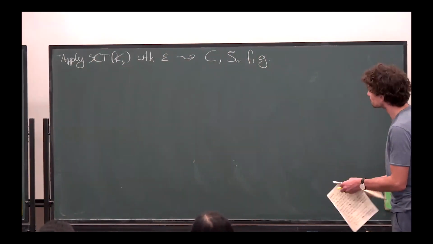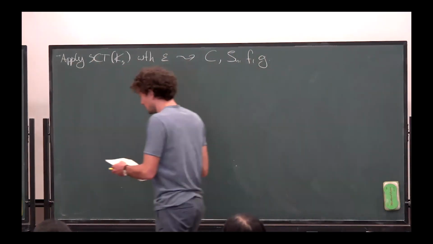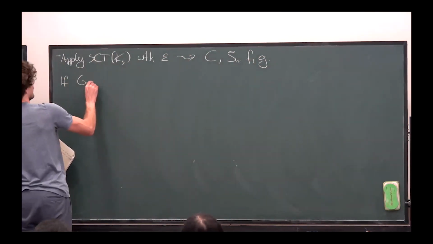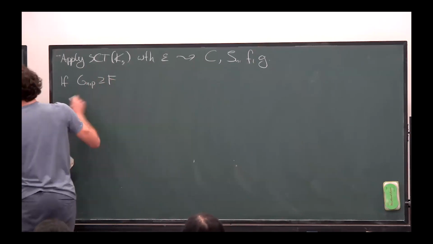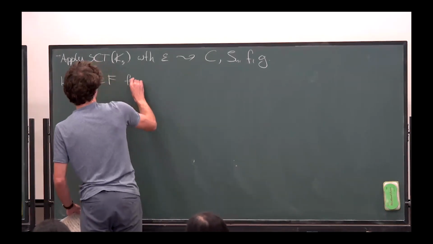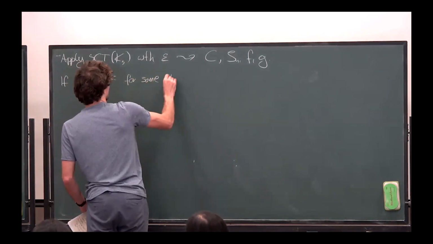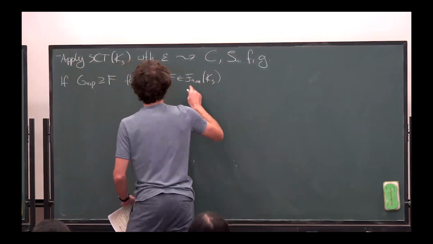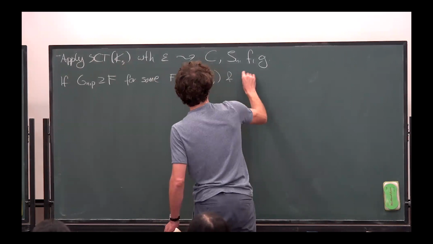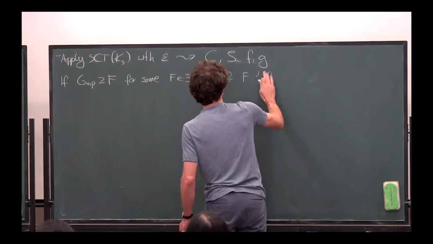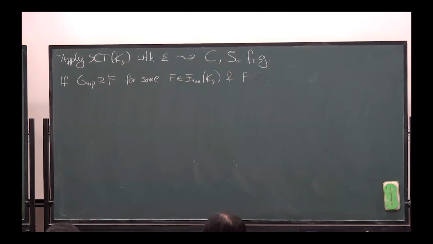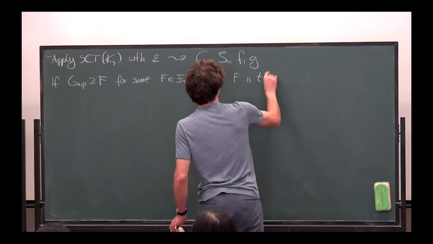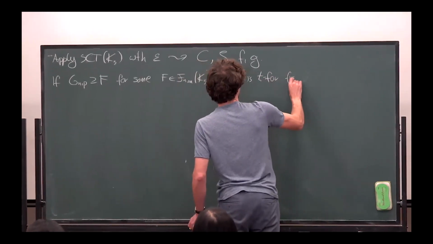And now, if G(n,p) does contain some F which is triangle-free with m edges, and F is t far, sorry, maybe let me denote this by p bar, is p bar far from bipartite.